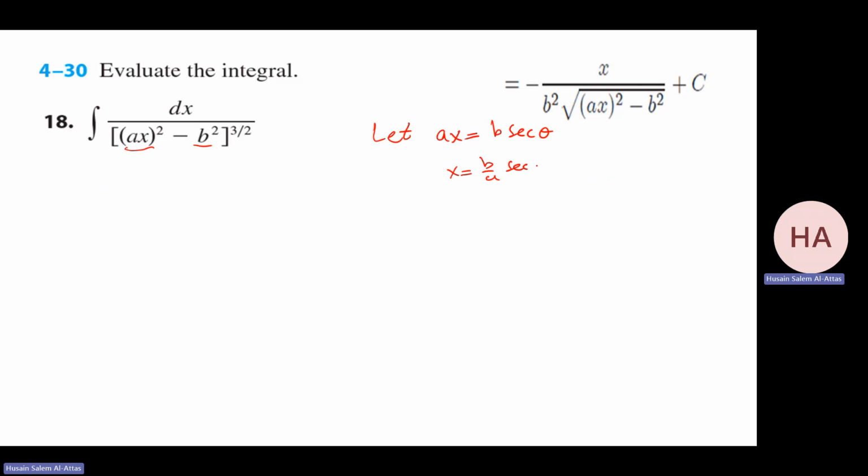That gives me what? Tan theta d theta over. This is b cubed tan, half is outside.